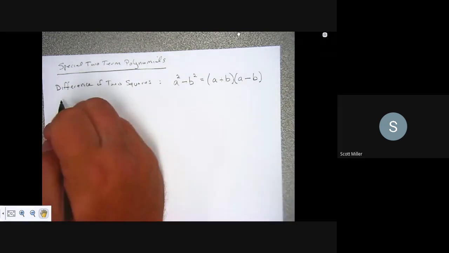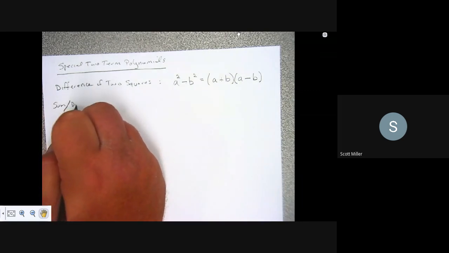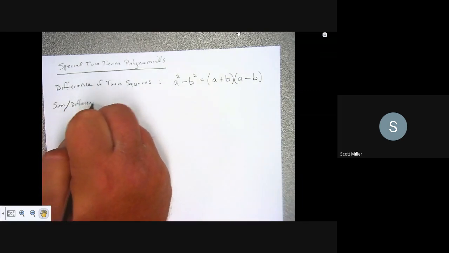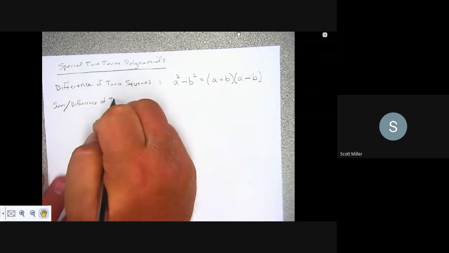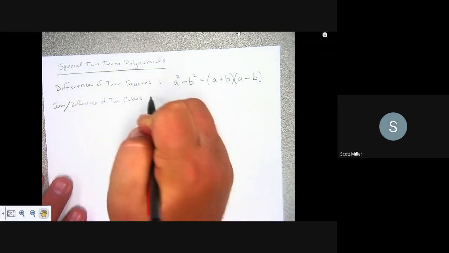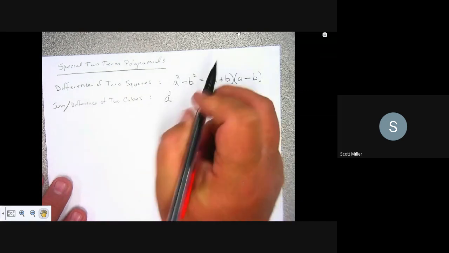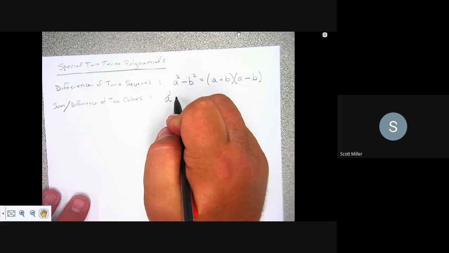The other one you want to know how to do is the sum or difference of 2 cubes. And that looks like this. And I'm going to show you as a plus or minus, and I'll explain what that means here in a minute.